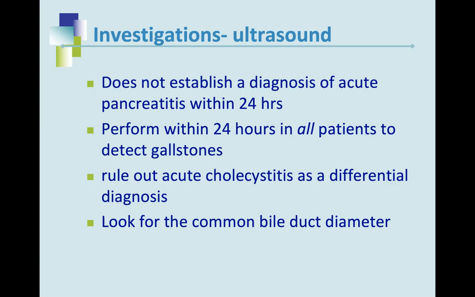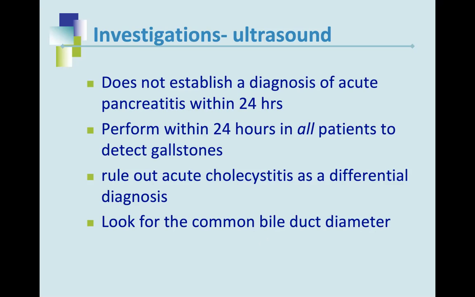Now, why look at the bile duct diameter? Usually it is less than 1 centimeter, or you can say even less than 5 mm routinely. But if there is pancreatitis, with some partial or complete obstruction to the lower end of the CBD, sometimes you will not be able to see the stone.